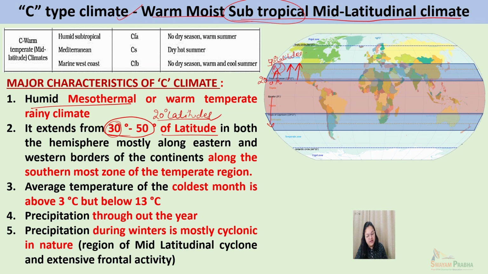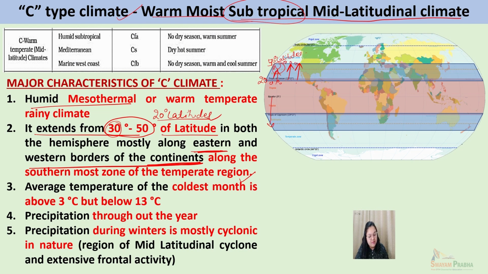So this type of climate best extends between 30 to 50-degree latitudes in both the hemispheres, and it is mostly found along the eastern and western borders of the continents along the southernmost zone of the temperate regions. So the southernmost zone of the temperate regions generally starts after 50-degree latitudes in both the hemispheres.